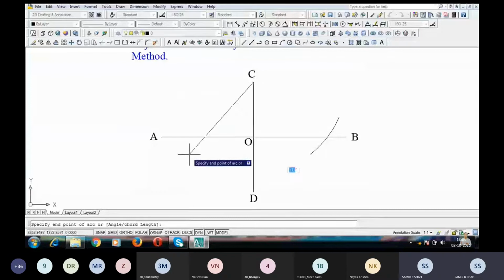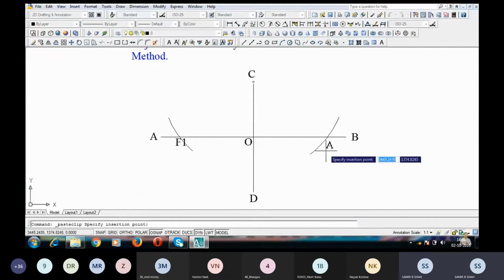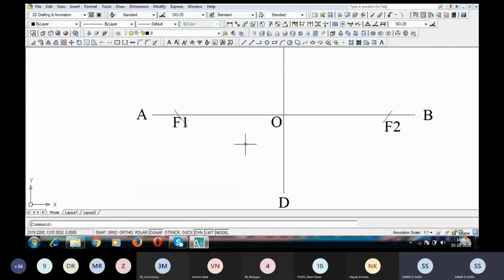Then again we need to put an arc. So this intersection with this horizontal line is what you call F1. So I'll write over here F1. And this over here is precisely what I'll call F2.